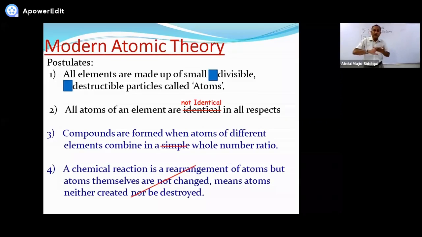Means you can destroy atoms, and those destroyed atoms are converted into energy, like in nuclear reactions, like in nuclear bombs. In all of those reactions, atoms and matter are destroyed. So this is also corrected.